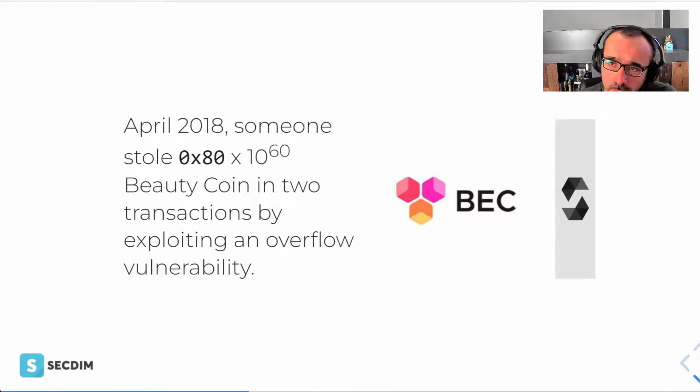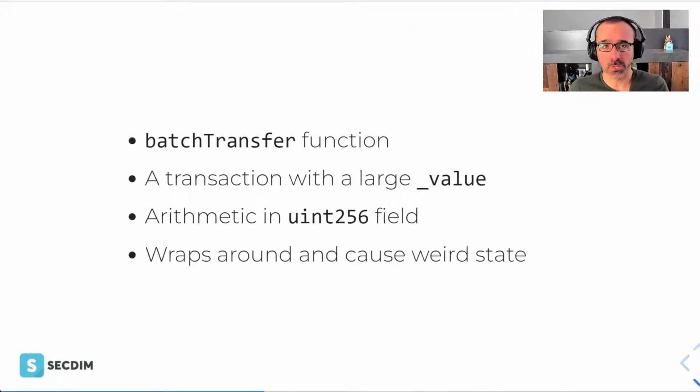How the attack worked was related to a function within the contract of that BeautyChain coin, a function known as batchTransfer. This function received an untrusted input, in this case value, and it performed arithmetic on this untrusted value, and that arithmetic resulted in an overflow, and the number will wrap around, which we will go through in detail a bit later.